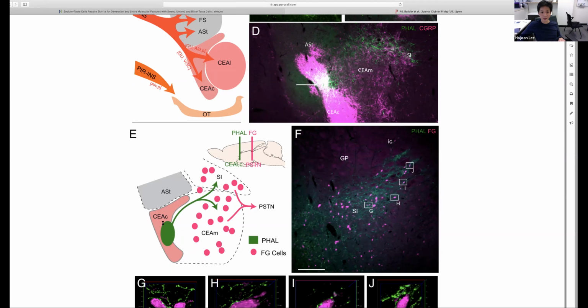Not so much here, but mostly here. So it seems that the insula is sending information mostly to the CAC and the CAL. And then between the central amygdala and the PSTN, there's information going both ways, but mainly from the CAM to the PSTN.